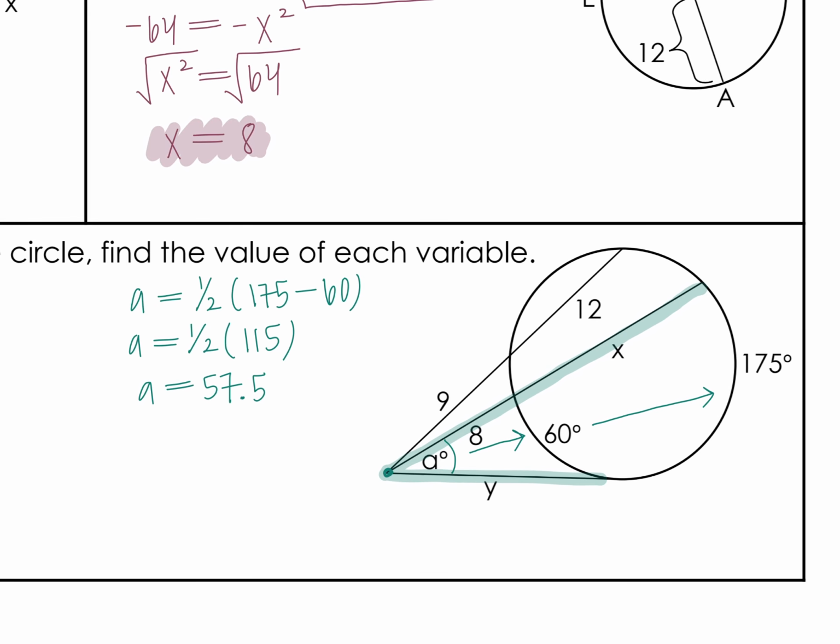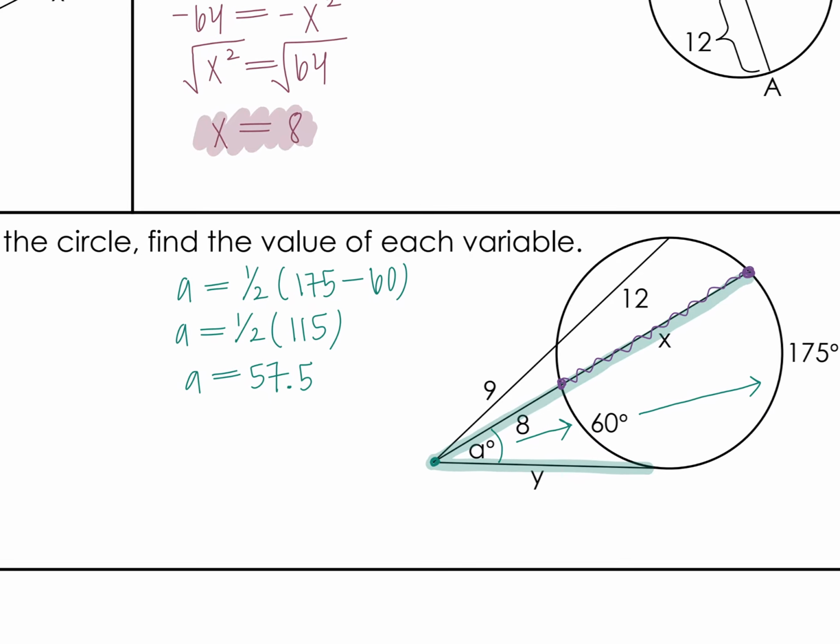We want to find the length of X. Looking at what we have here, from here all the way to here, that is a segment length. And so we can use that 8 with it.